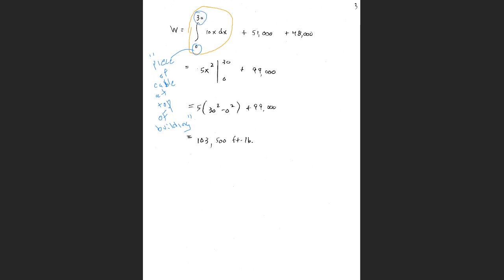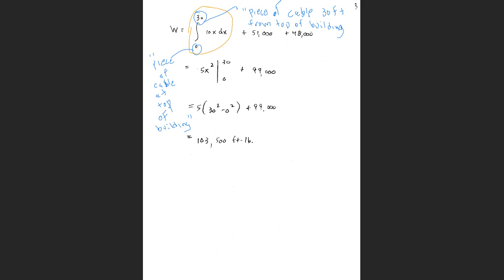And then the 30 represents the piece of cable 30 feet from the top of the building. So that's how you get those limits.